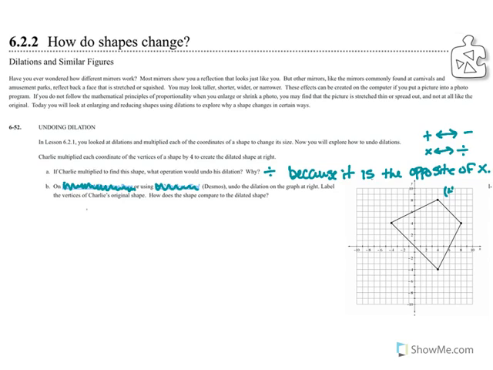So this is 4, 8, this is 8, 4, this is 4, negative 4, this is negative 4, 4. So if you aren't on the Desmos tool on the ebook, go ahead and pause and graph those before we move on.